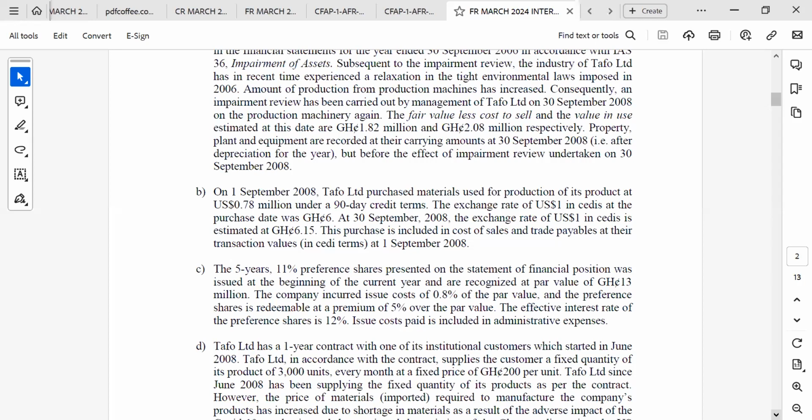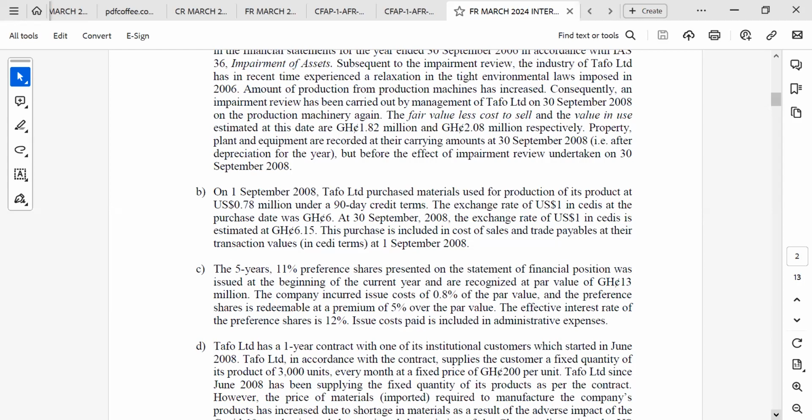As a liability. They are treated as a debt instrument, isn't it? Yes. Okay. They are treated as a debt instrument. So it means that this particular preference share should be accounted for as a financial liability.